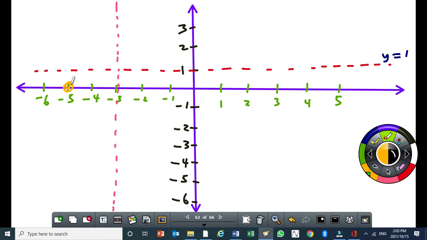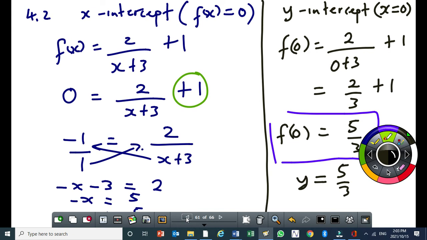Now, 5 over 3 is 1,67, which is close to 1,7. So I'm just going to approximate it to be somewhere there. Remember, this is a sketch. Now, because the numerator, this value here, is positive, it means that the curves are going to be in the first quadrant and the third quadrant.